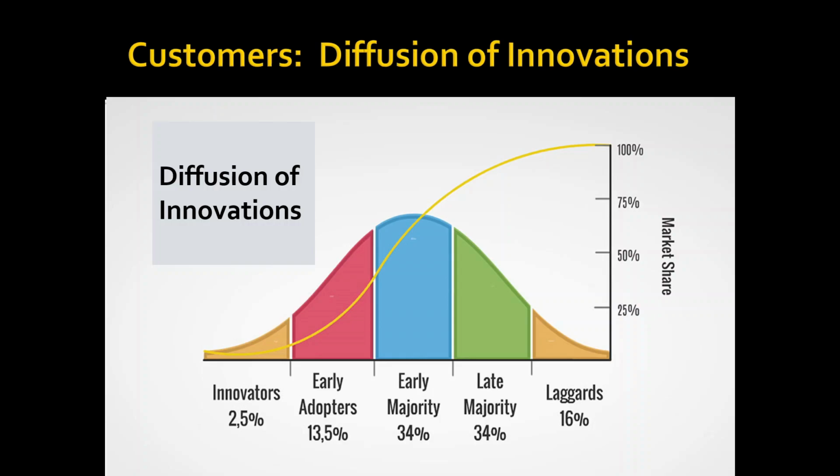Bridging the gap between early adopters and early majority has been labeled crossing the chasm by Geoffrey Moore. Many times a company or a type of product will get early adopters but fail because it's unable to attract the early majority.